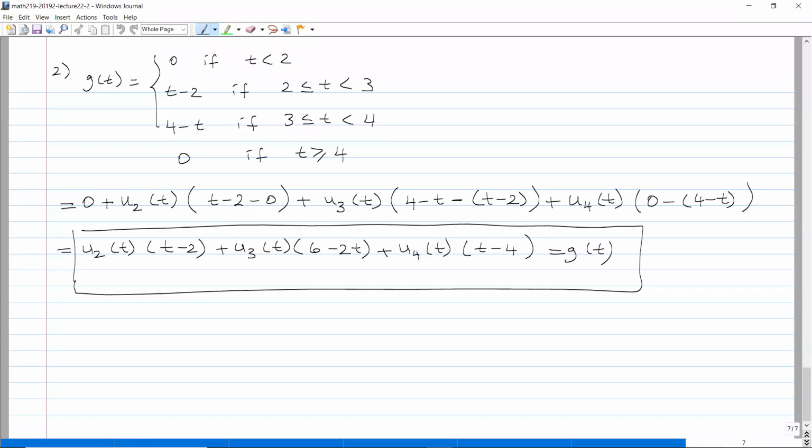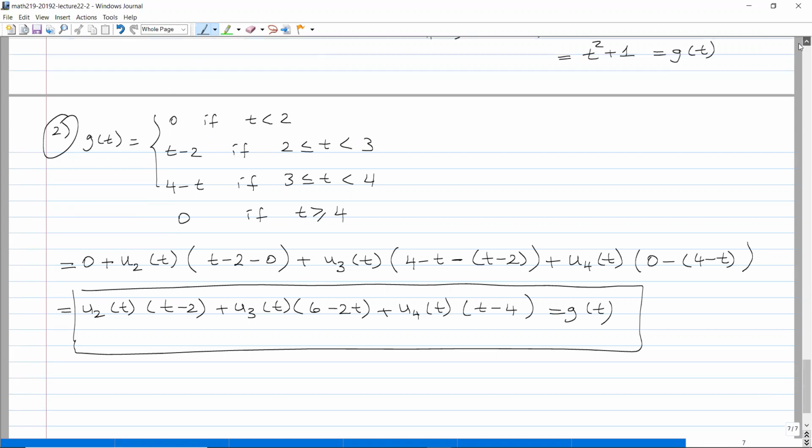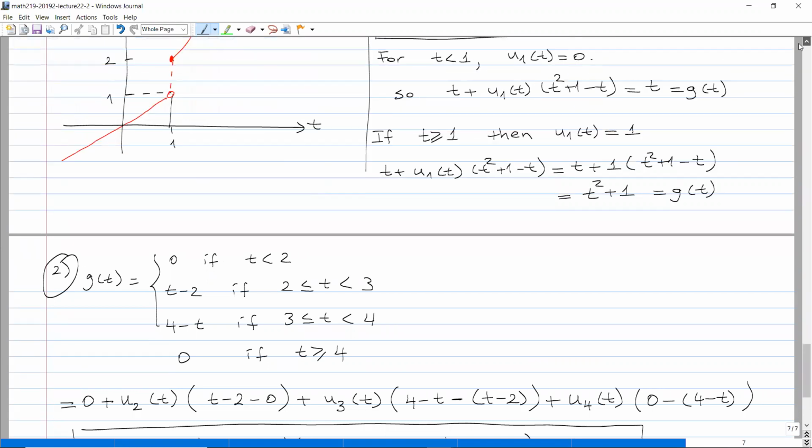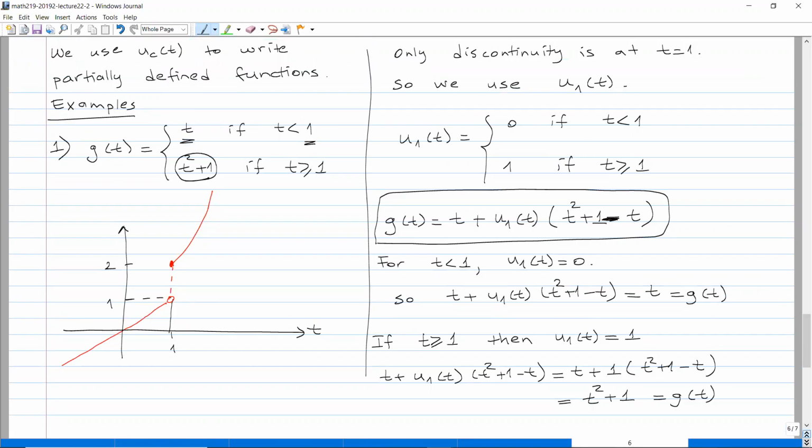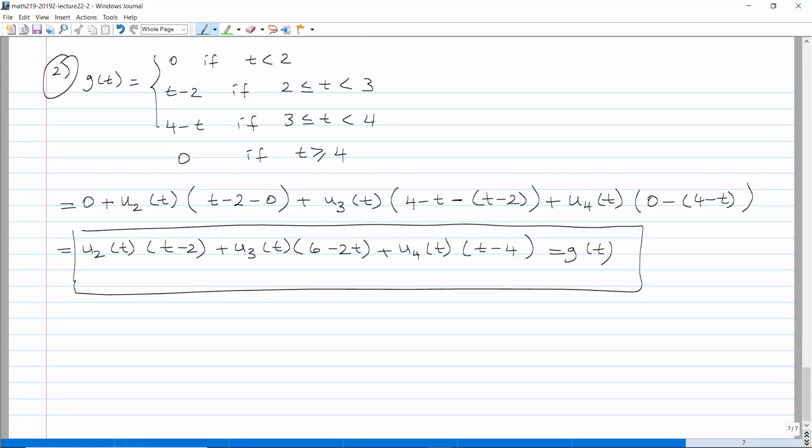Okay, yes, example 2, you see? Oops, I changed the file. This was example 1, the one we just did. And then the one I'm going to do now is example 2. Yes, so this is correct.